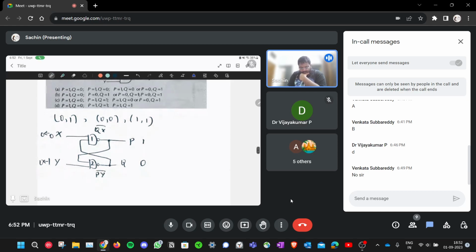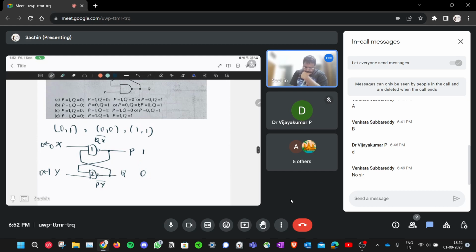So x is 0, Q is 0, Qx complement is 1. So P will stay at 1. And P is 1. Now Y is 0, so Py complement is 1. So this will change to 1. This will stay as 1.